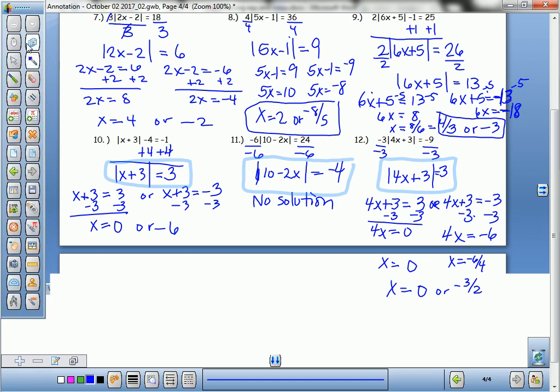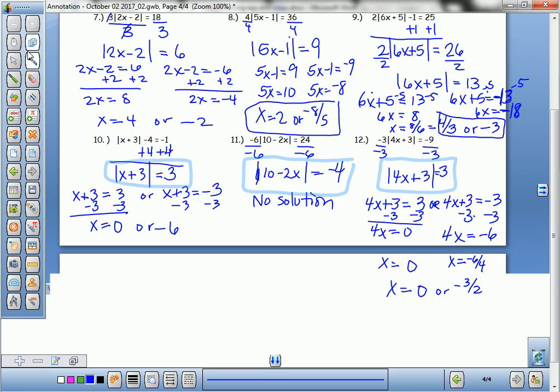Okay, so that's equalities, equations. So in absolute value, how many answers do equations have? Normally, 2. It is possible for them to only have 1. Can you think of when? If the absolute value equals 0? So if I gave you something like the absolute value of 2x minus 1 equals 0.